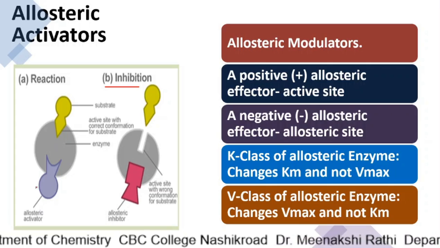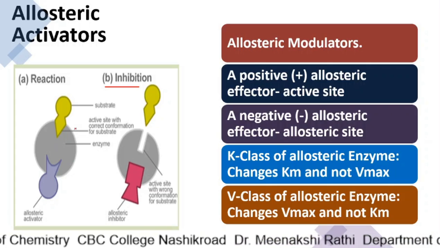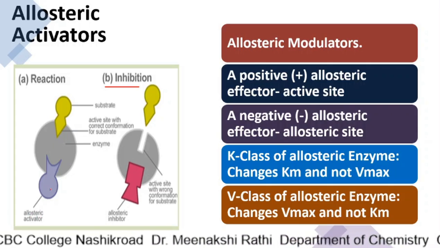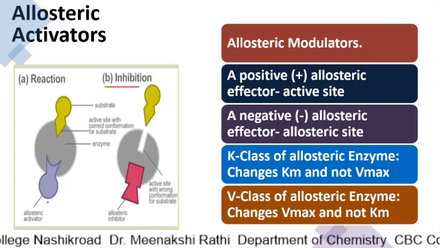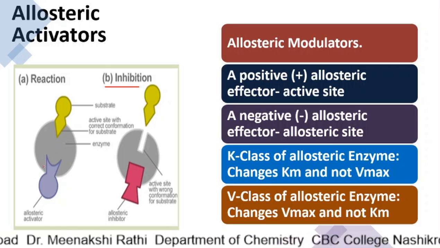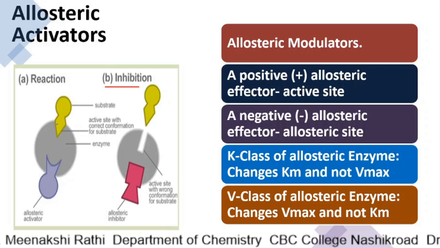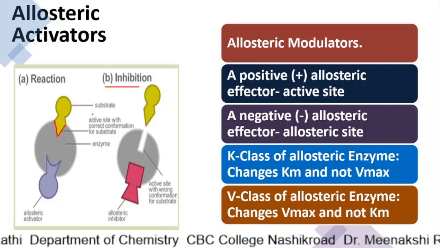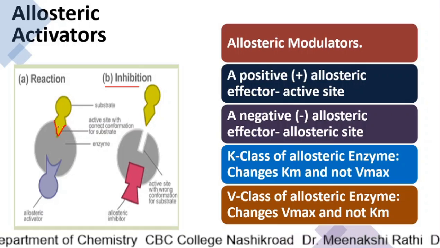But here, if you see the other reaction, again this is the enzyme and to the allosteric site, this group is attached. But when this is attached, it is not changing the shape of the active site. The substrate can easily attach.